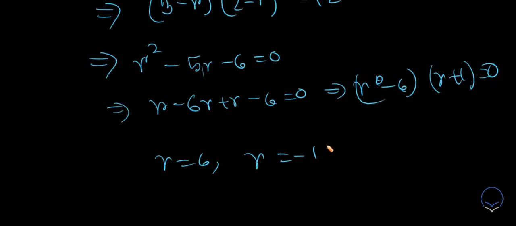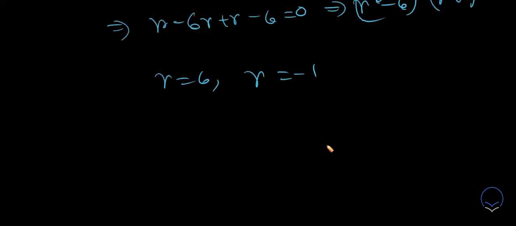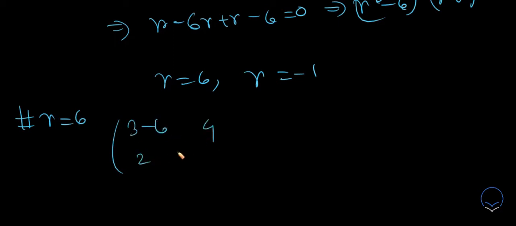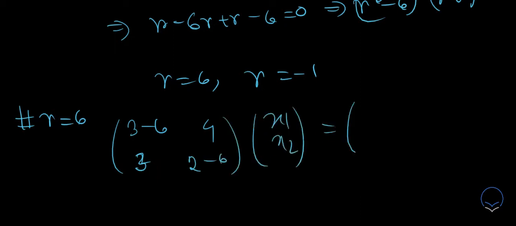So we have found our eigenvalues, and now we want to find the eigenvectors. So let's try to find the eigenvectors now. If you recall how to find the eigenvectors, let's say I want to find it for R equals 6. What I'm going to do is that we had a 3 over here, so it will be 3 minus 6, 4, 3 and 2 minus 6, and there will be this x1 and x2, equals 0 0.